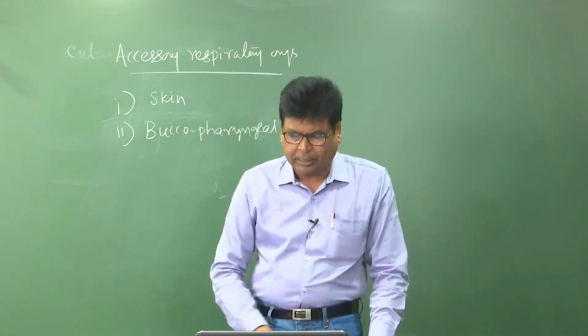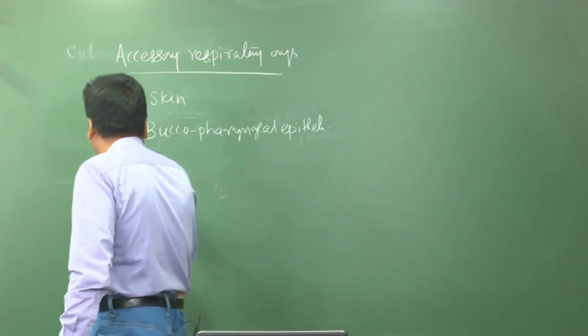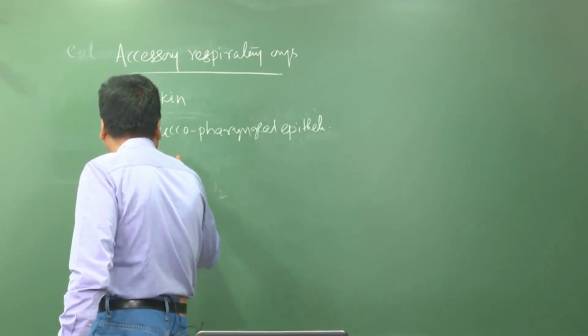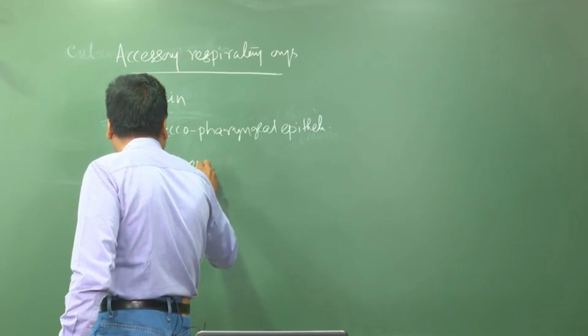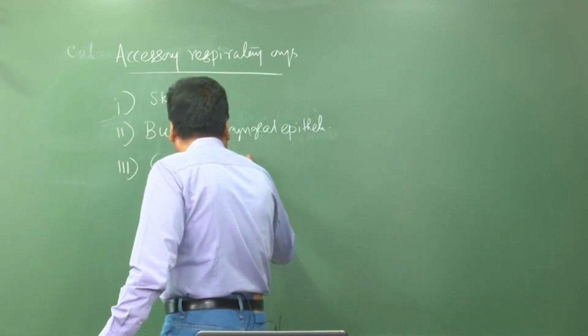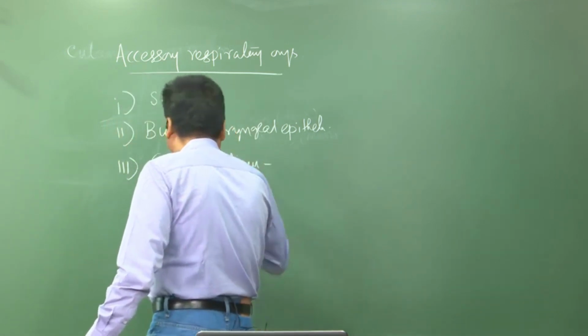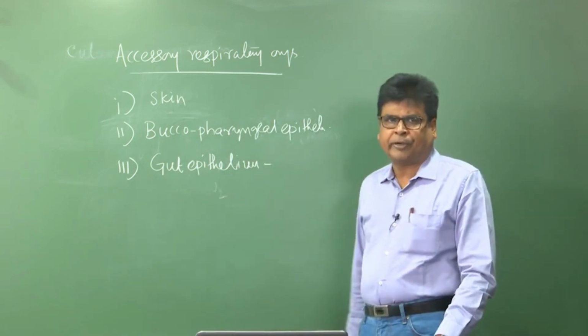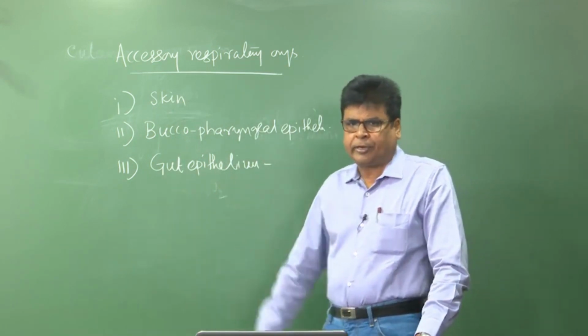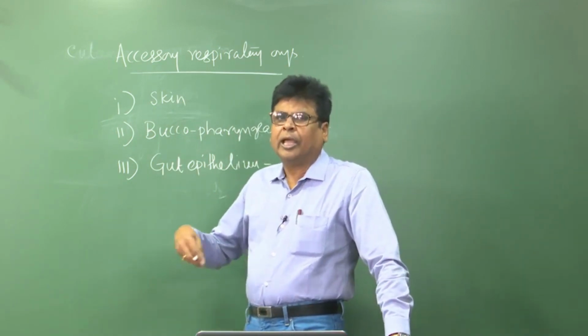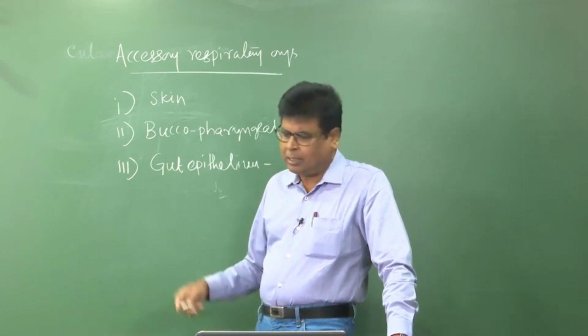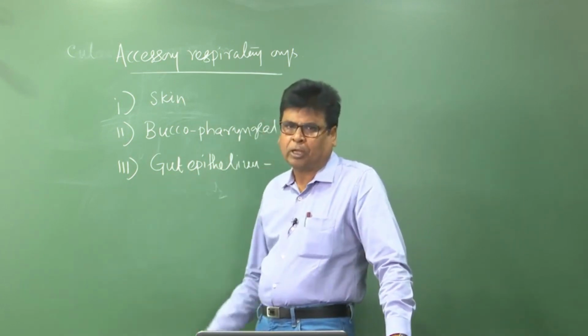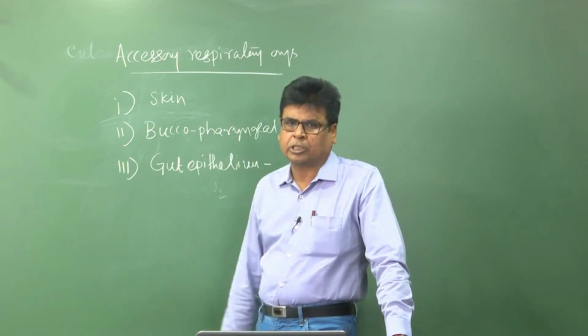Now, come to the next one. The third one is the gut epithelium. The gut, we know, is the alimentary canal. The epithelium, the lining of the alimentary canal, acts as an accessory respiratory organ. That is why it is known as gut epithelium as an accessory respiratory organ.